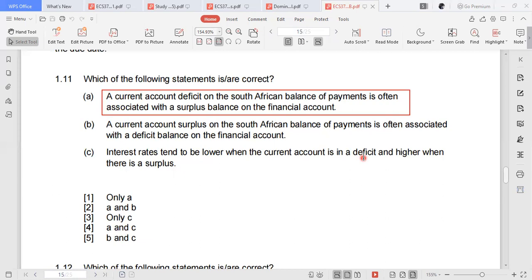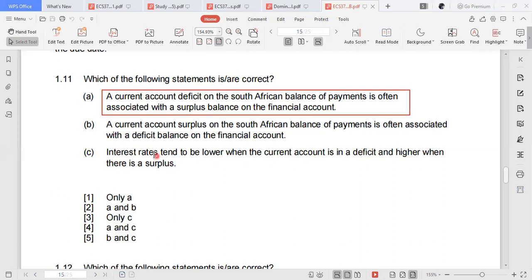Yes. And then the second statement they make is that interest rates are higher when there's a surplus. So I tend to agree with that. I say that is true.